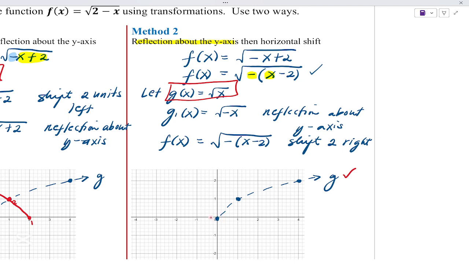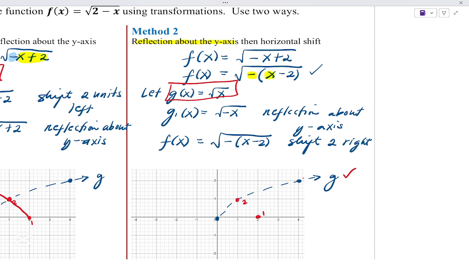So on the first point, if we reflect this about the y-axis, it will stay on the same point, and then moving 2 units to the right, it will be at 0. The next point, reflecting about the y-axis, will be here, and then shifting 2 units to the right will be the same point here.